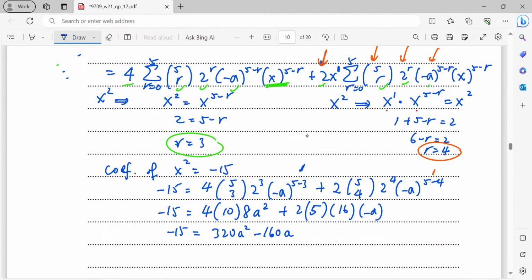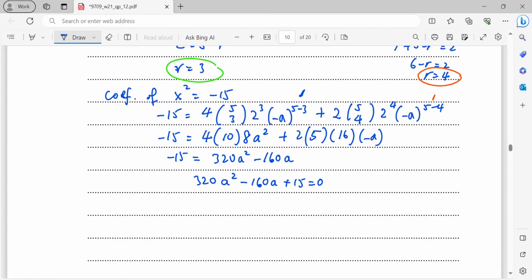So now I will move the minus 15 to the right side. Then I will get 320a squared minus 160a plus 15 equals 0. And now the whole equation can be divided by 5, so I will get 64a squared minus 32a plus 3 equals 0.